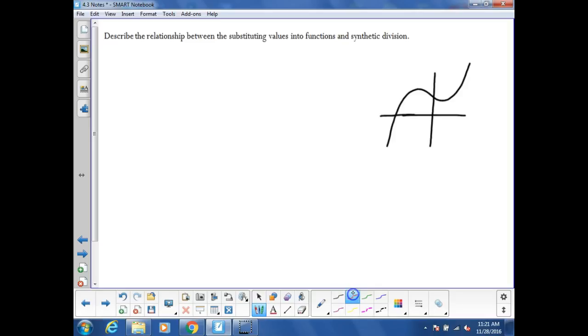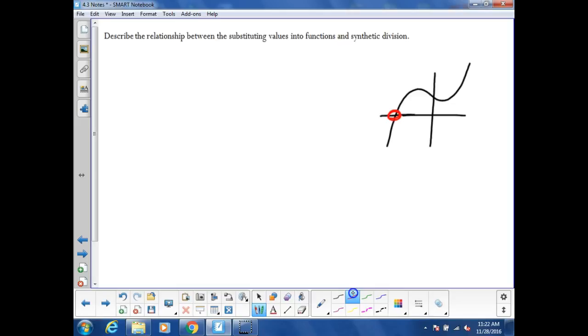It just so happens that in this particular case, the value that the function gives out is 0. So we call it a 0 or a solution or a root or an answer, right? And then that would give us a factor, and from the factor we could get back to our function, and so on and so forth.